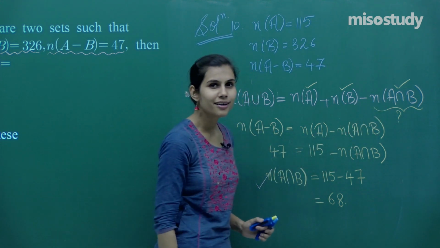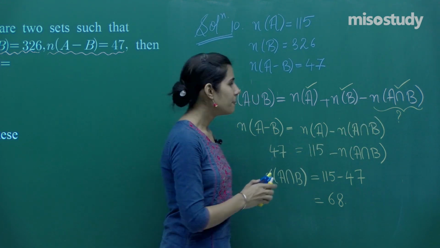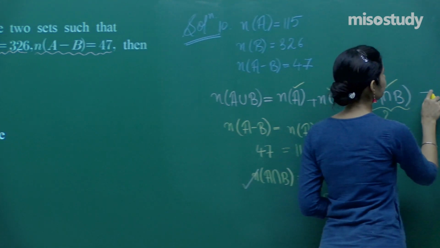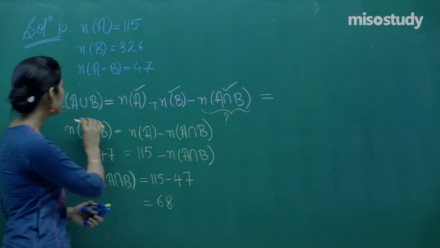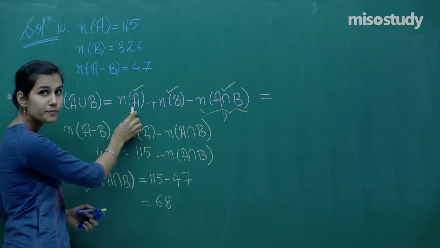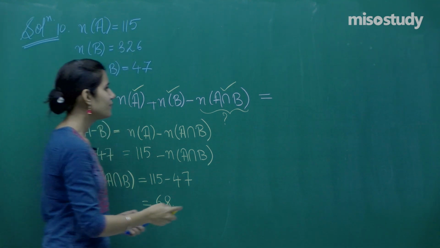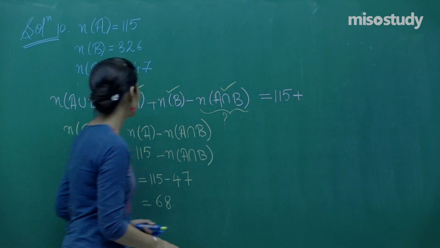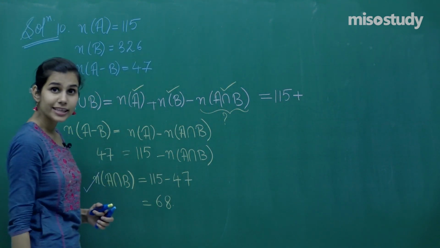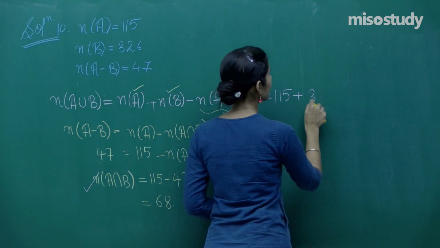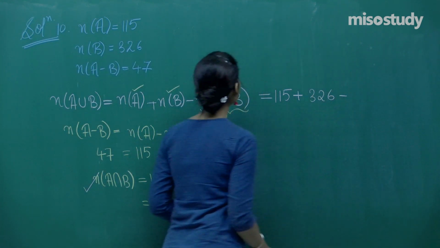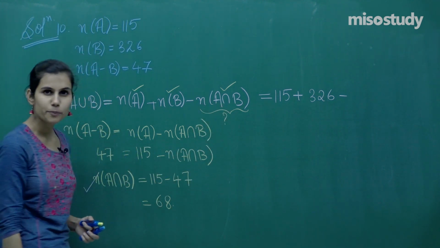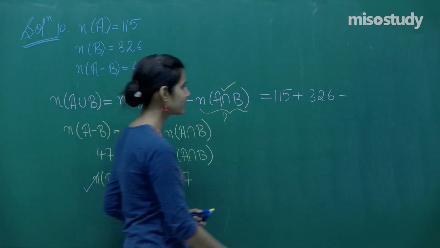Once I have the number of members in A intersection B with me, I am just supposed to plug this value in and I will obtain the number of members in A union B. Let's do that. The number of members in A union B is the number of members in A, which is 115, plus the number of members in B, which is 326, minus the number of members in A intersection B, which we have obtained to be 68.